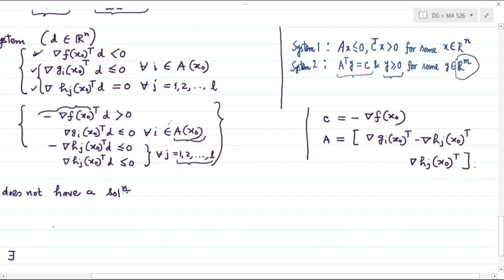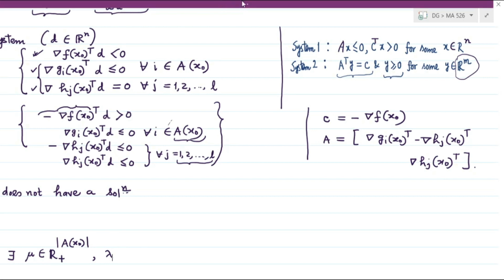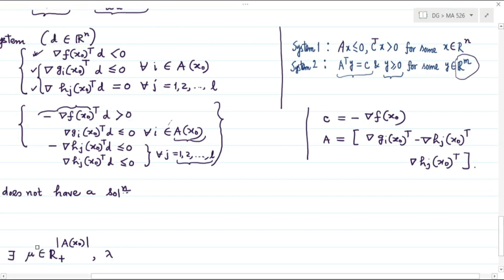And I break it into two parts. For P I take lambda, belonging to R to the cardinality of the set Ax naught, which is the number of elements that you have in Ax naught. And mu, I must write here in the reverse way, for the inequalities, and you have mu belonging to R to the 2L.